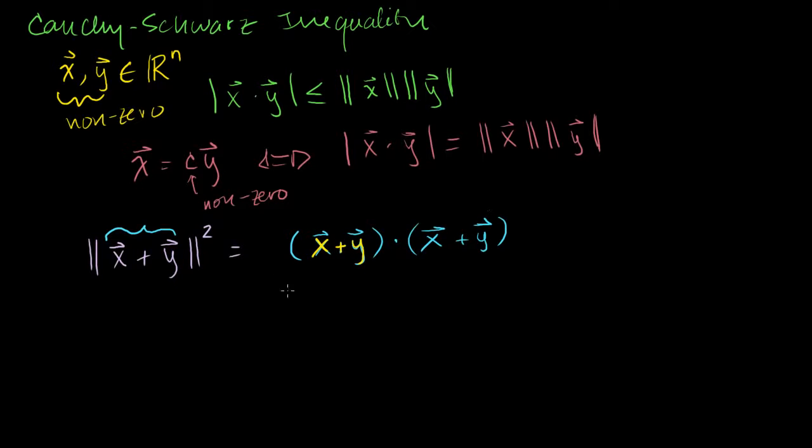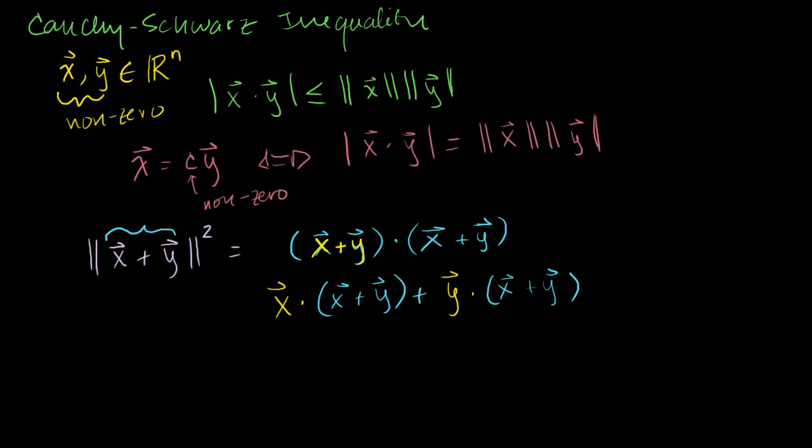So this right here can be rewritten as x dot this x plus y, and then it would be plus this y dot x plus y. It's good to see that when you're multiplying these, you're just applying the distributive property, right? All I did is I distributed this term along each of these terms in this sum right here. So then I got this. And then I can distribute each of these into the sum.